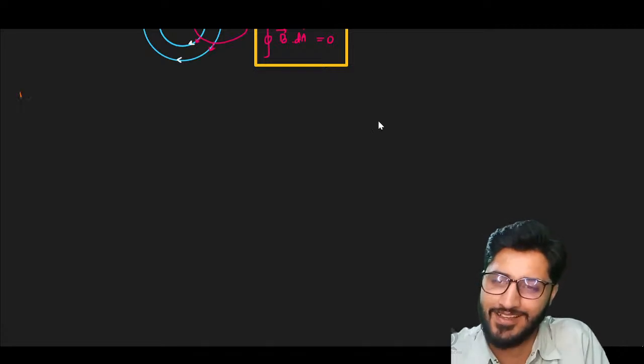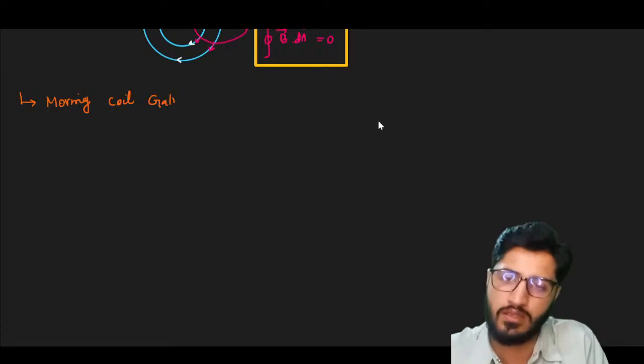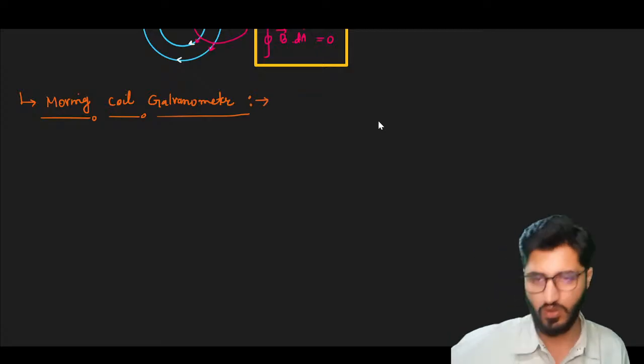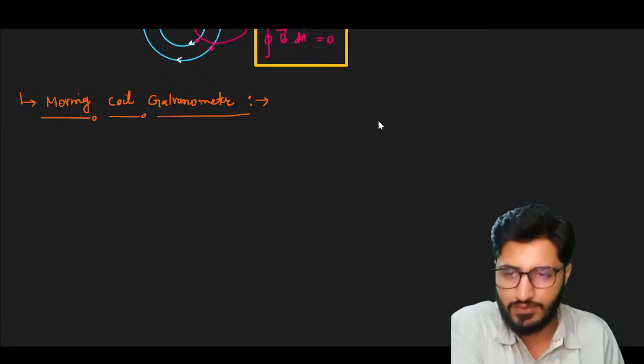Okay, what are we having? Moving coil galvanometer. So it is something like this. Look.